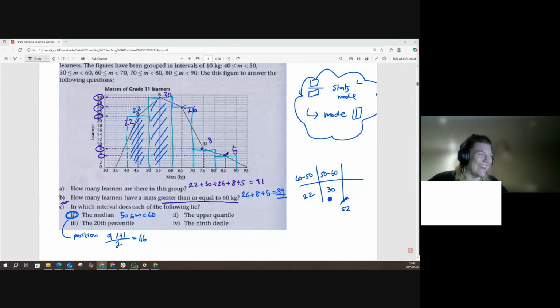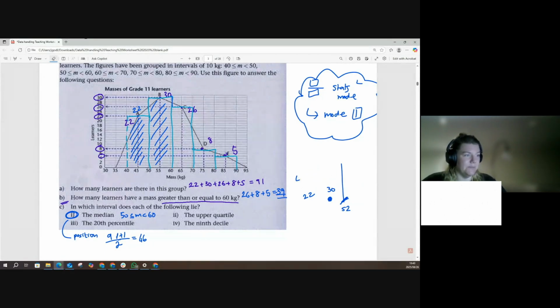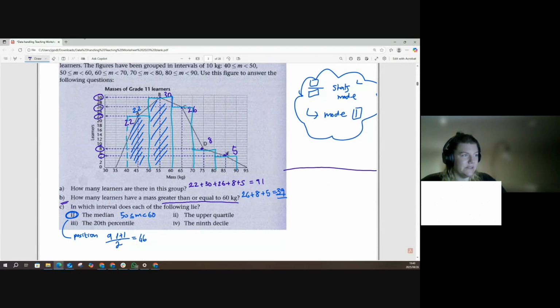Okay. So for the 39, it was asking how many learners have a mass greater than or equal to 60 kilograms. To make our lives even easier, let's fill this out a little bit further, because it seems you are all much more comfortable working from the table. So let's make our own little table: 40 to 50, 50 to 60, 60 to 70, 70 to 80, 80 to 90.